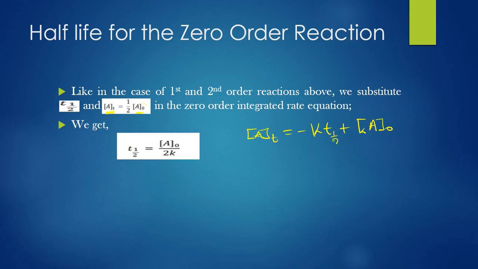Your aim is to make this the subject of the formula, because this is the half-life now. So what do you do? It's simple algebra. Before we do that, this is equal to negative k times 1 over 2 plus the initial concentration, like that.